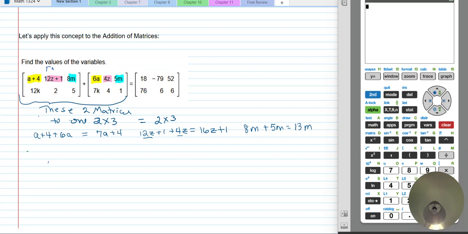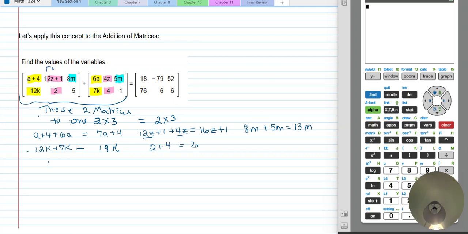All right. So now I'm on my second row, and I'm going to do that one. 12k and 7k. I add them together, and I'm going to get 19k. All right. Now I'm going to do the next one, 2 and 4. 2 plus 4, and I get 6.